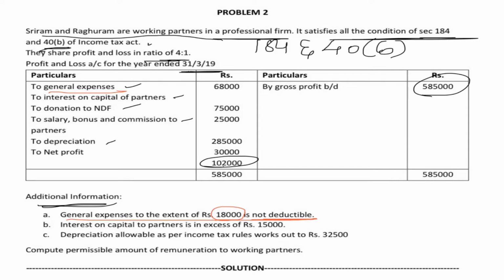When they show it on the debit side of the profit and loss account, they have already deducted the value. But here they are stating it as a not deductible value, and hence you will add it back to the book profit as an inadmissible expense.